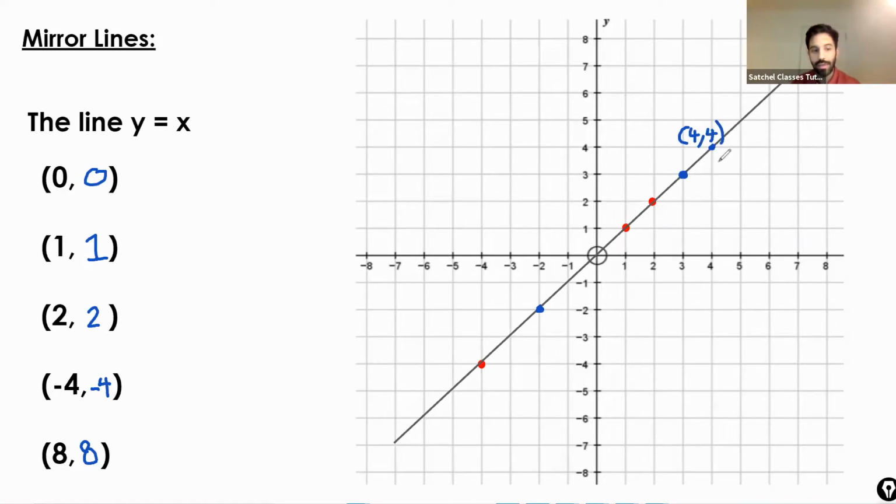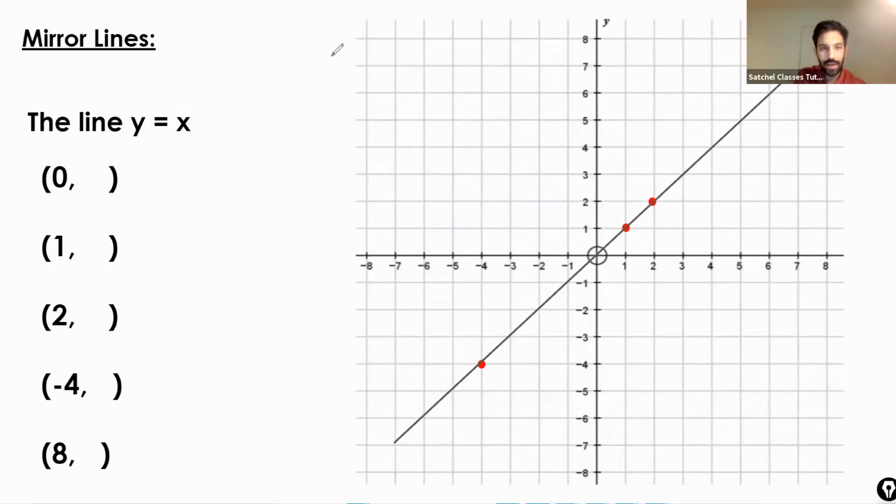So this diagonal line is the line y is equal to x. And again, if you get confused in an exam and you're unsure how to draw your mirror lines, just start plotting coordinates and then draw a line through those coordinates, and hopefully you should get the correct mirror line.